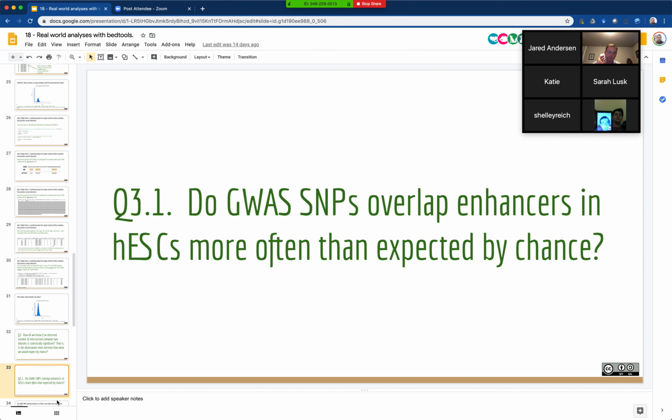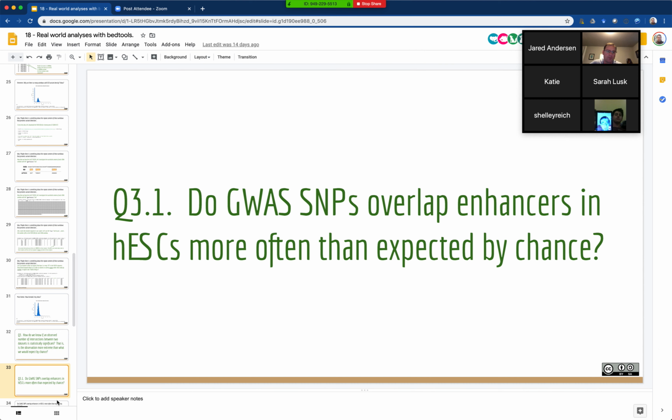So a paper from the ENCODE study a few years ago basically showed that when they identified enhancers in various cell types and tissue types, that these enhancers coincided with statistically significantly associated SNPs from GWAS studies, suggesting that these SNPs lie in enhancers that are regulating the expression of genes that are connected to these different disease phenotypes.